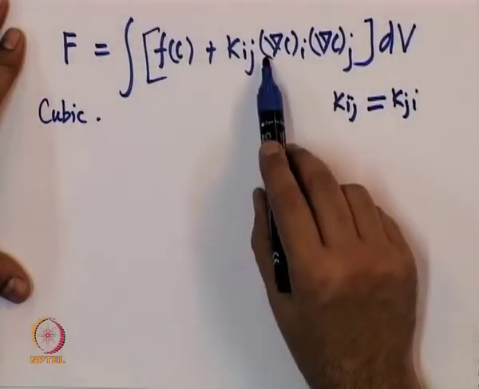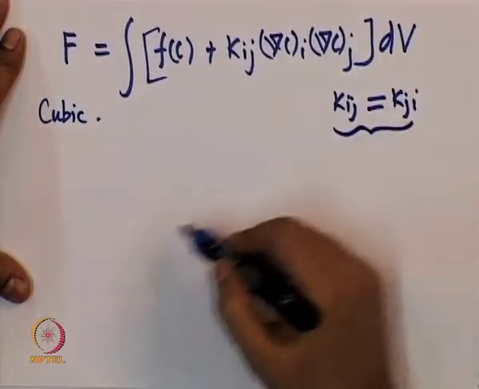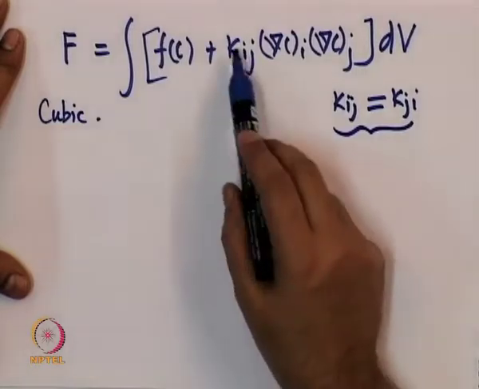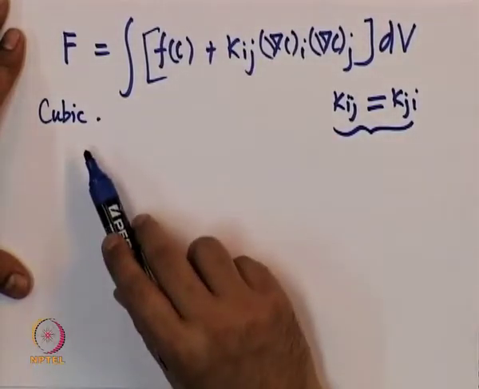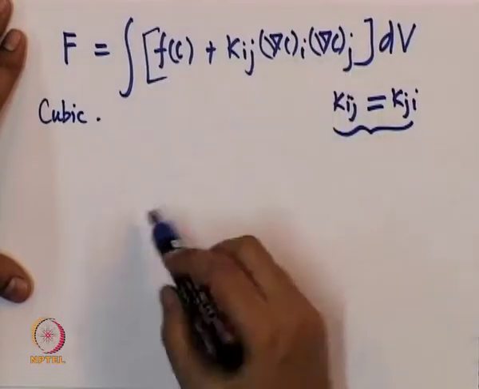It does not matter whether you take ∂C_i ∂C_j or ∂C_j ∂C_i, so it has this intrinsic symmetry. Such symmetric second rank tensors in cubic systems will also be isotropic, as we have already seen.